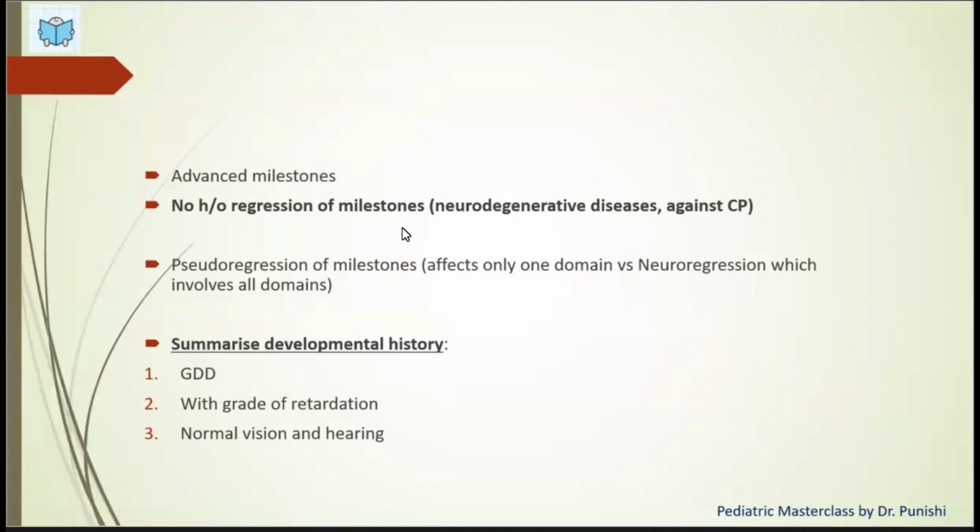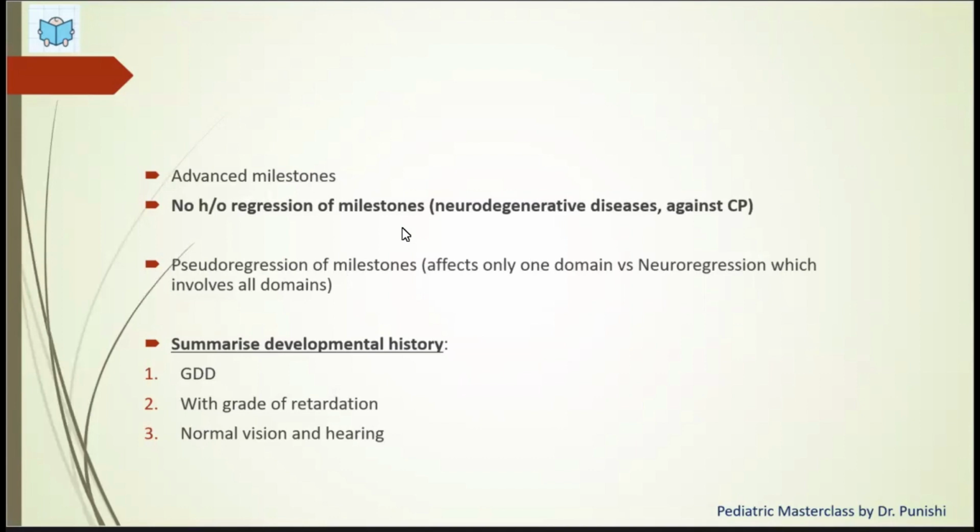But now, because of increased spasticity, the tone has increased. The child has developed contractures. Maybe the child is not receiving physiotherapy, occupational therapy, or muscle relaxants or whatever, and the child has developed spasticity. What happens is now he's not even able to roll over at 2.5 years of age. So then you would say that he achieved that milestone, but now has lost it. This is what is known as pseudo regression of milestones.